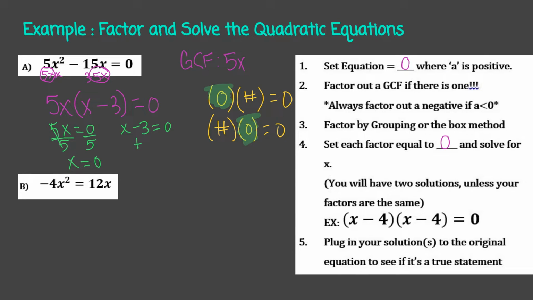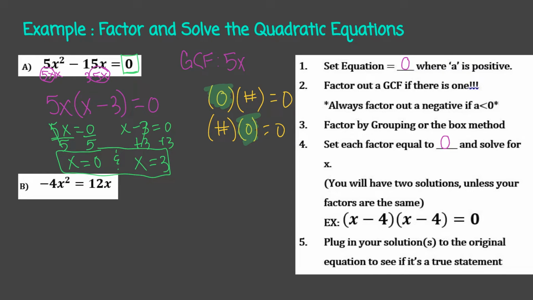Here you would add 3, and that would be x equals 3. So the two solutions that would make this value 0 would be 0 and 3. You could plug those in to make sure that they work, and they do. So your two solutions are 0 and 3.